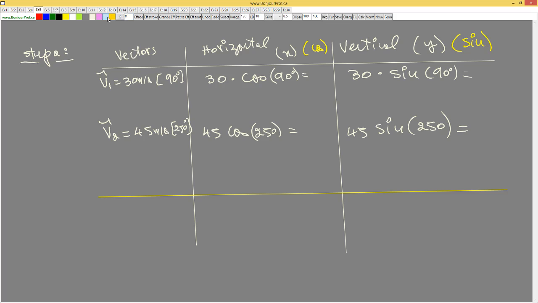30 cosine 90, what will I find? I'm going to put it in another color. Zero. I put it here, this one gives you 0. What about the sine? 30 sine 90 degrees, what does it give me? 30 meters per second. What about this one, 45 cosine 250?